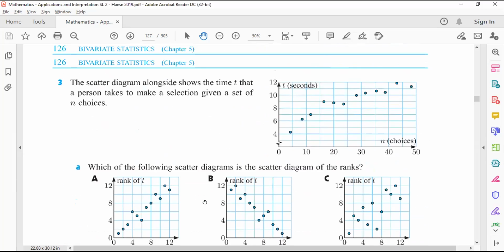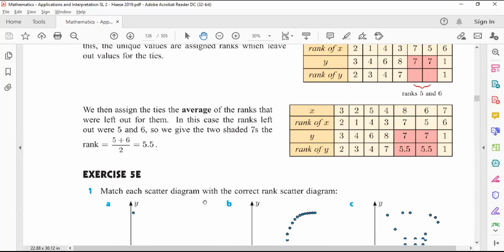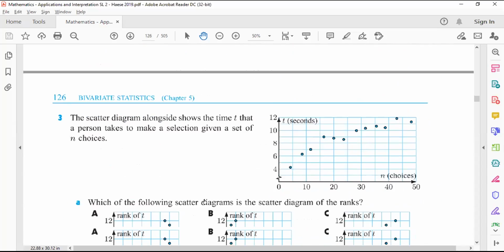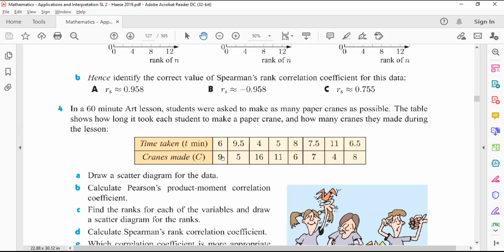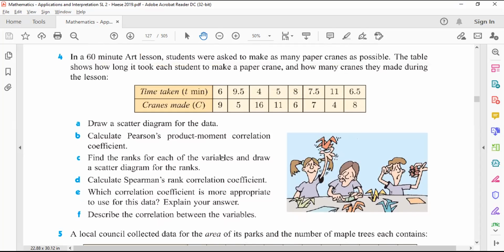1 minute. B part. What's the B part? This is 5E. Okay, 1 minute, let me check. So what is your R?